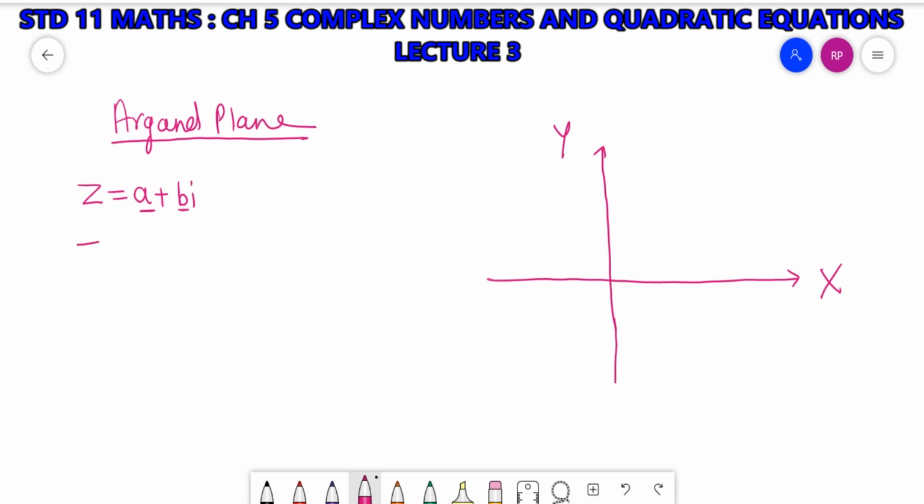Okay, let's take example z equal to 3 plus 4i. So x component 3, 1, 2, 3. Y component 4, 1, 2, 3, 4.